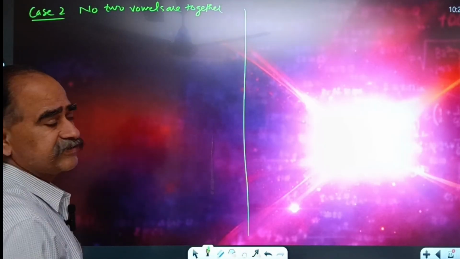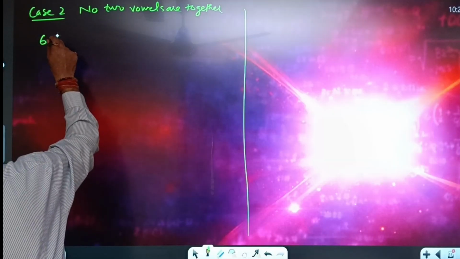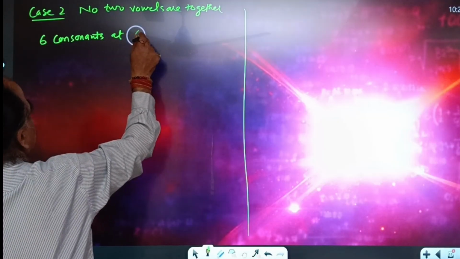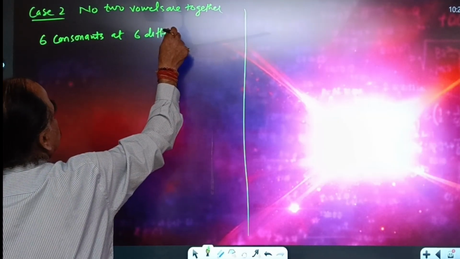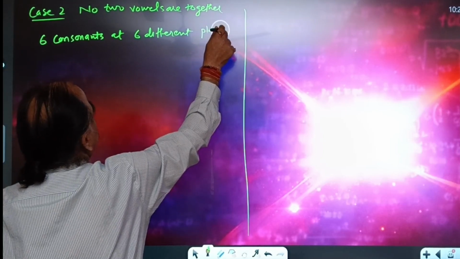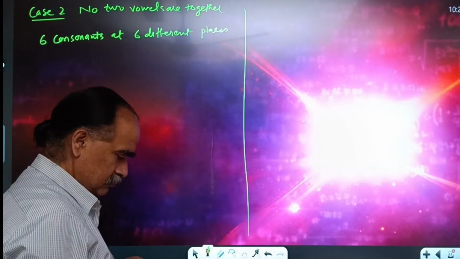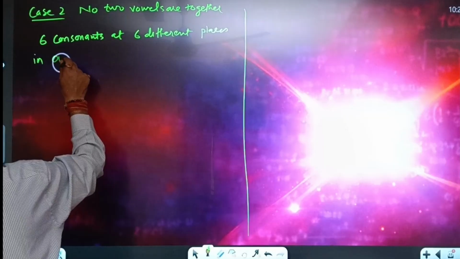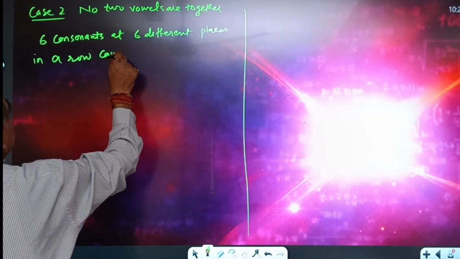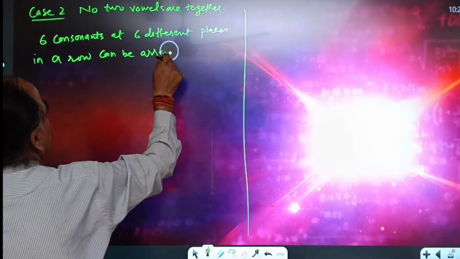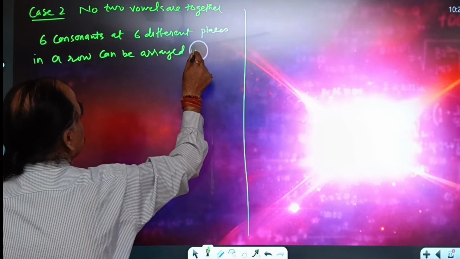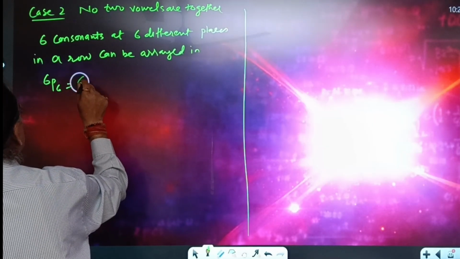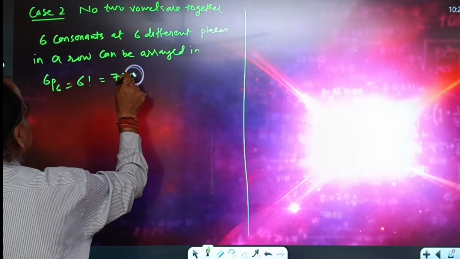So first we'll arrange consonants. 6 consonants at 6 different places in a row can be arranged in 6P6, 6 factorial, 720 ways.